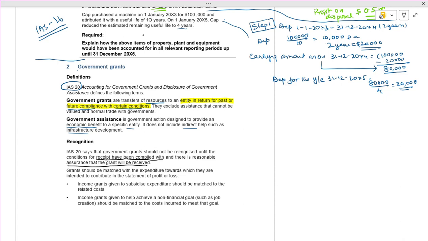Unless it is received, it is not recognized. We are talking in terms of the realization concept. Two things are there: the conditions are complied with, and there is reasonable assurance that the grant will be received.